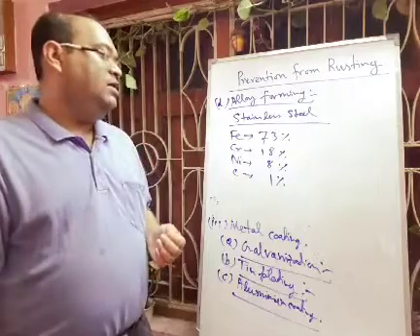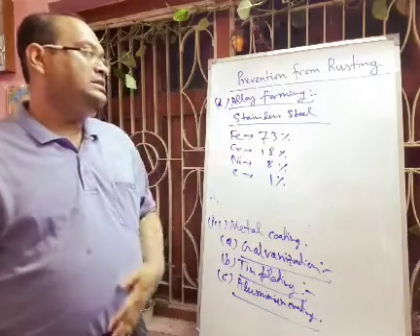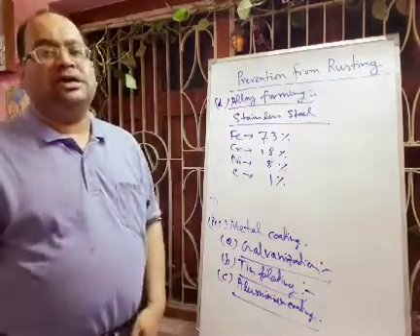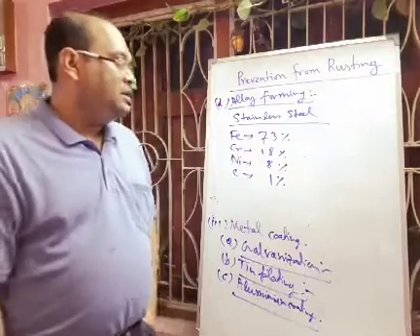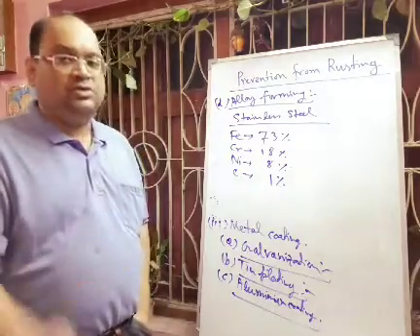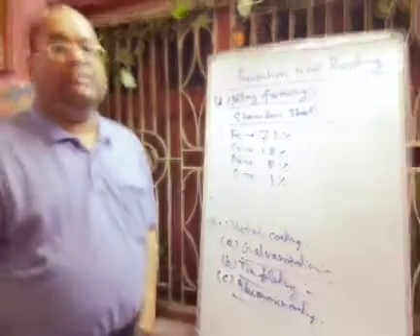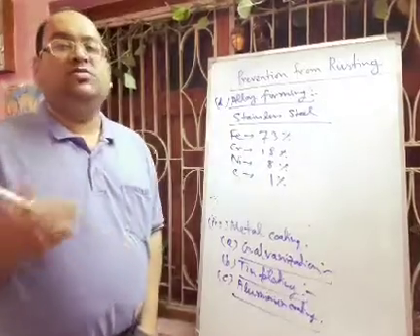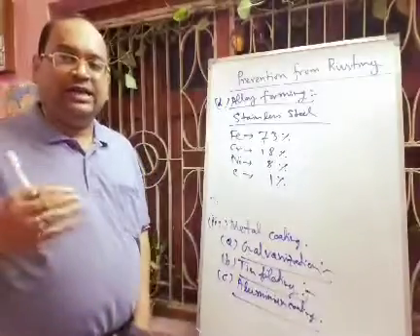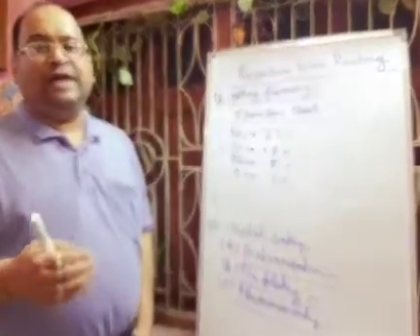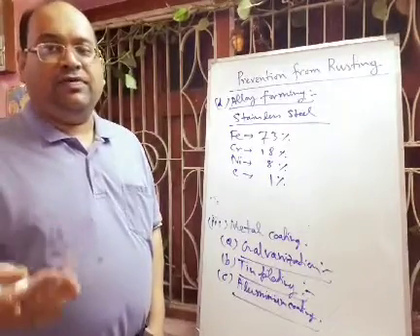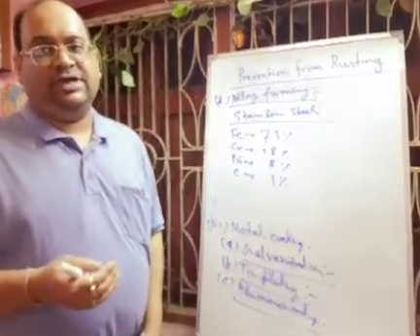Now why is this composition resistant to rust? Because here chromium is more active and chromium will react with the oxygen and then it will form some protective layer. Understand?